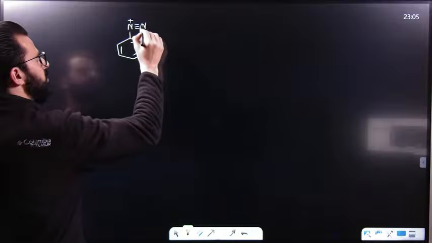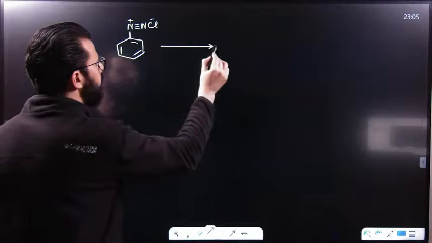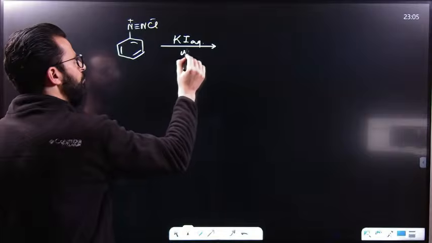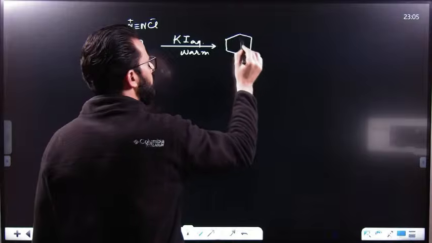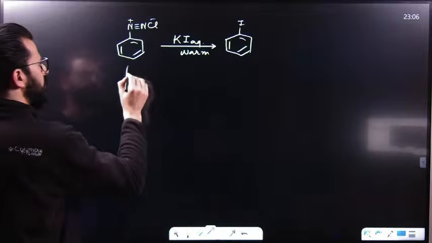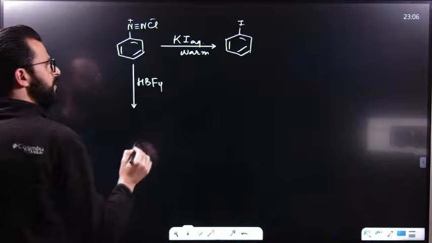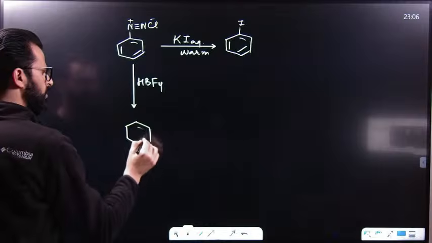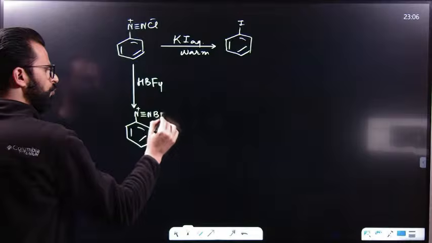say for example benzene diazonium chloride or benzene diazonium halide, if you treat this with aqueous potassium iodide and warm, it will replace the N2 and iodobenzene will be formed, with N2 as the side product. Similarly, if we treat this with tetrafluoroboric acid, this negative part will be replaced, resulting in benzene diazonium tetrafluoroborate.